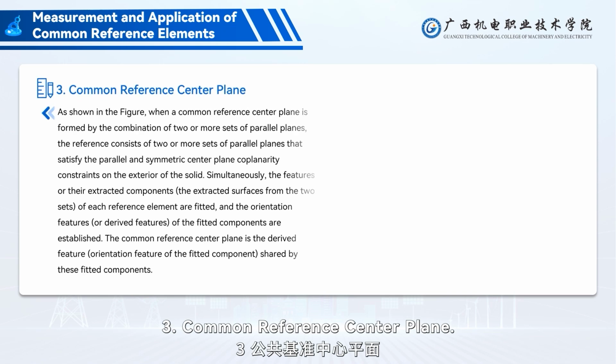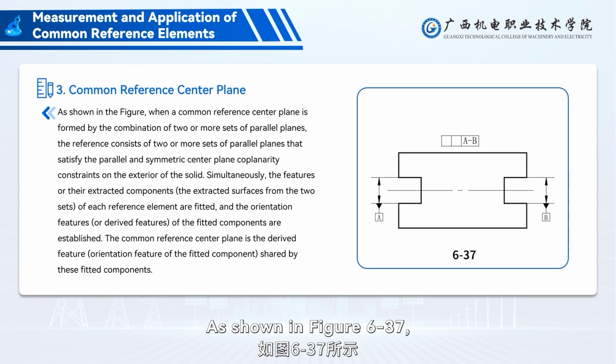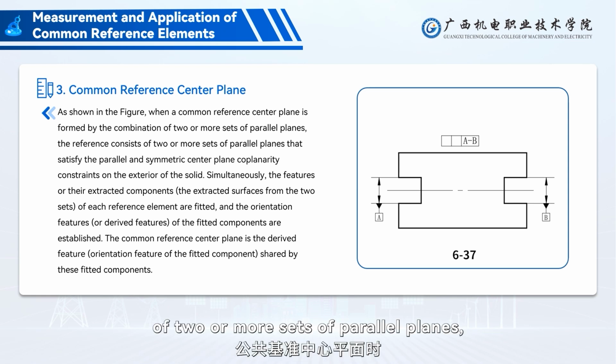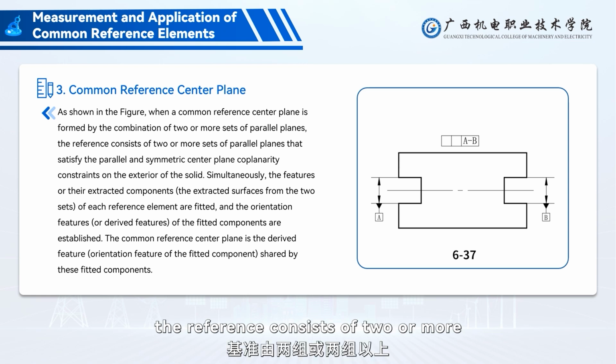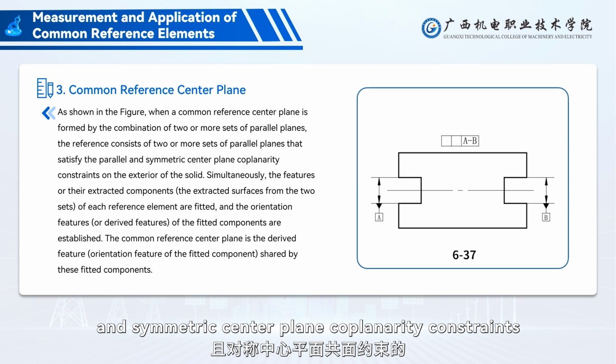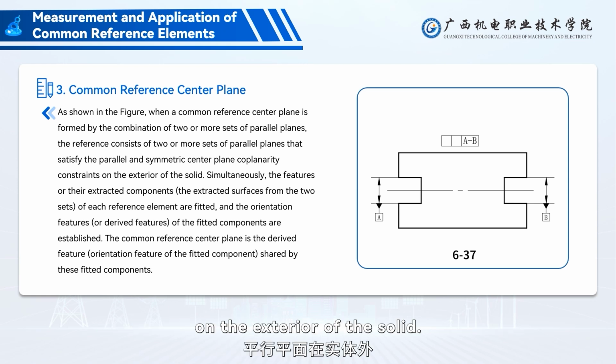3. Common reference center plane. As shown in Figure 6.37, when a common reference center plane is formed by the combination of two or more sets of parallel planes, the reference consists of two or more sets of parallel planes that satisfy the parallel and symmetric center plane coplanarity constraints on the exterior of the solid.